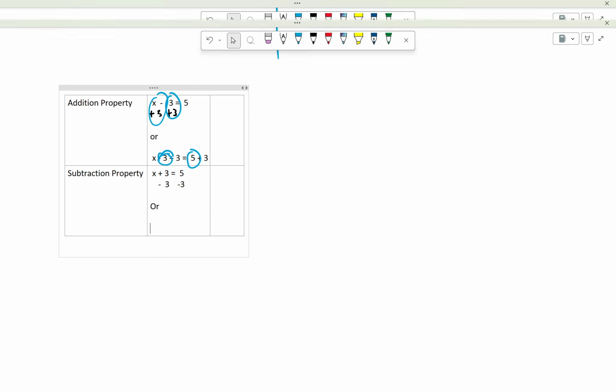Or the other way you would see this is x plus 3 minus 3 is equal to 5 minus 3. So depending on how we illustrate this side by side horizontally, the inverse operation being performed is going to be subtraction versus addition.